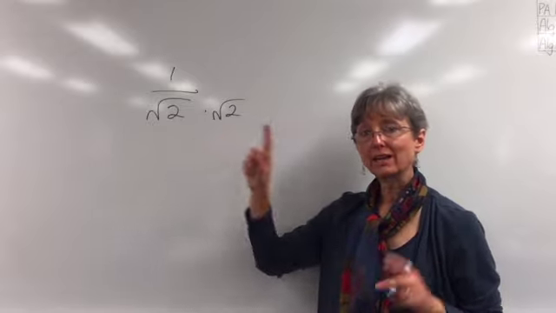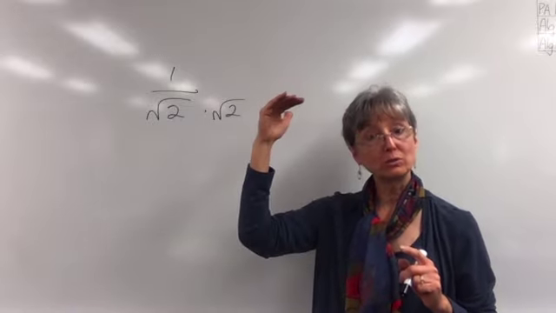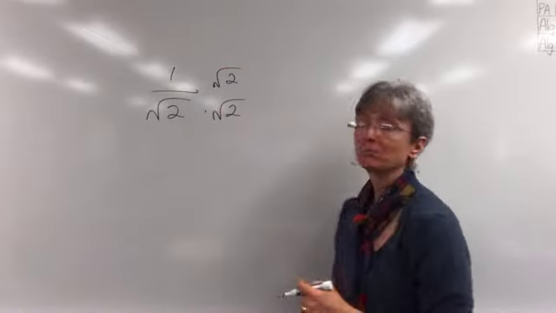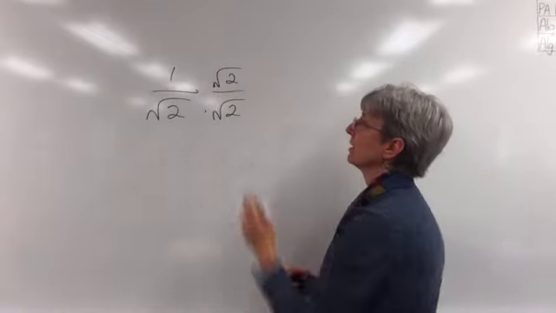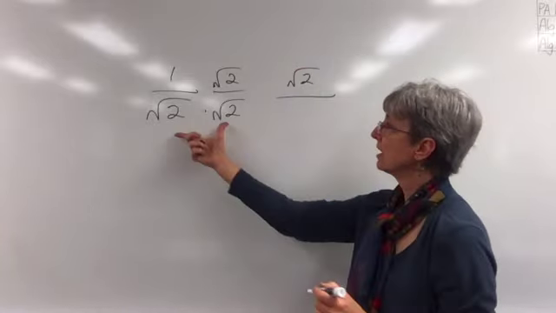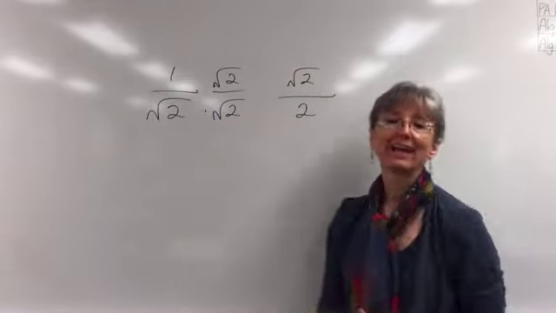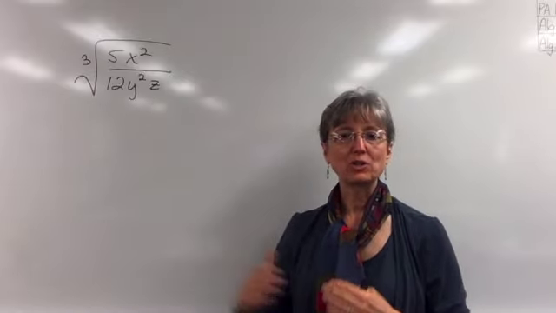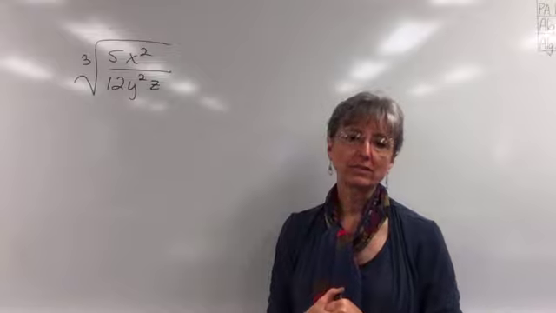I can do that as long as I multiply the numerator by the same thing. Now I'm multiplying by 1. Do you see that? So my numerator becomes the square root of 2, my denominator becomes 2, and I have rationalized the denominator.